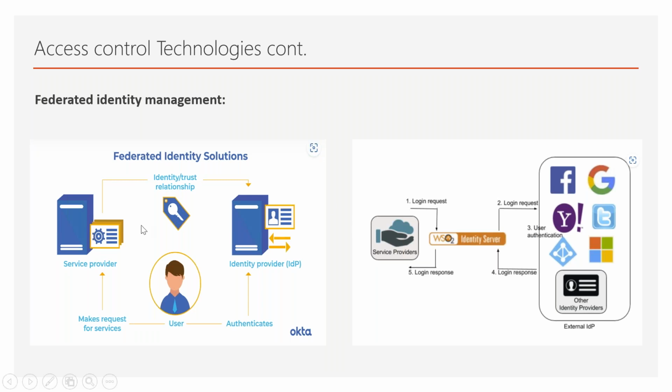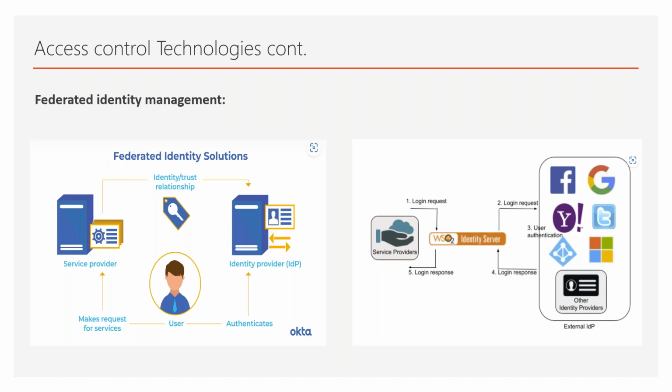When you access the booking.com service and say login with Google, it redirects you to the Google authentication page where you enter your username and password. Once the authentication is done, the IDP sends an assertion which is consumed by the service provider, and you are able to access the services.